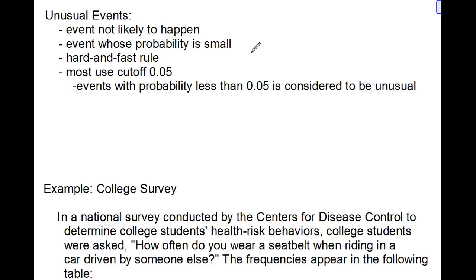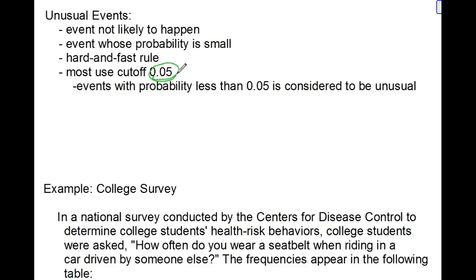Medical fields tend to use a lower cutoff because they want to be much more accurate, as well as engineering, in their designs and everything.